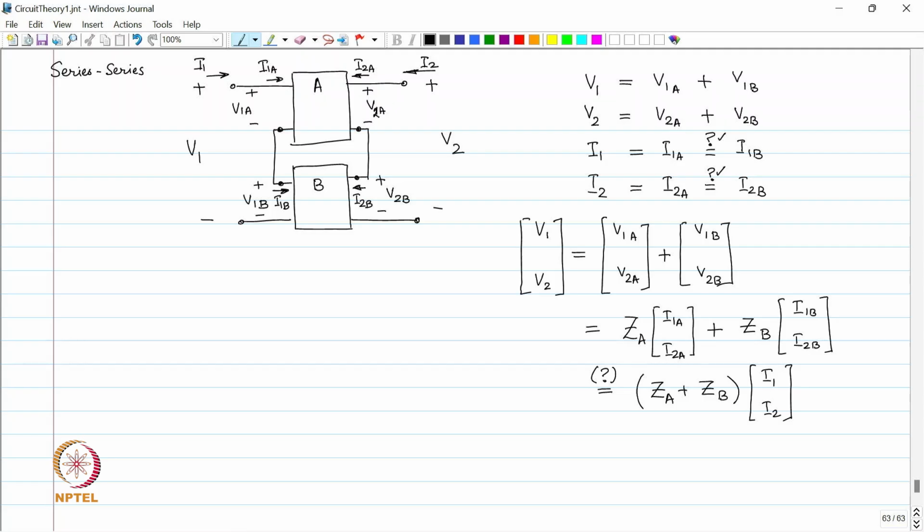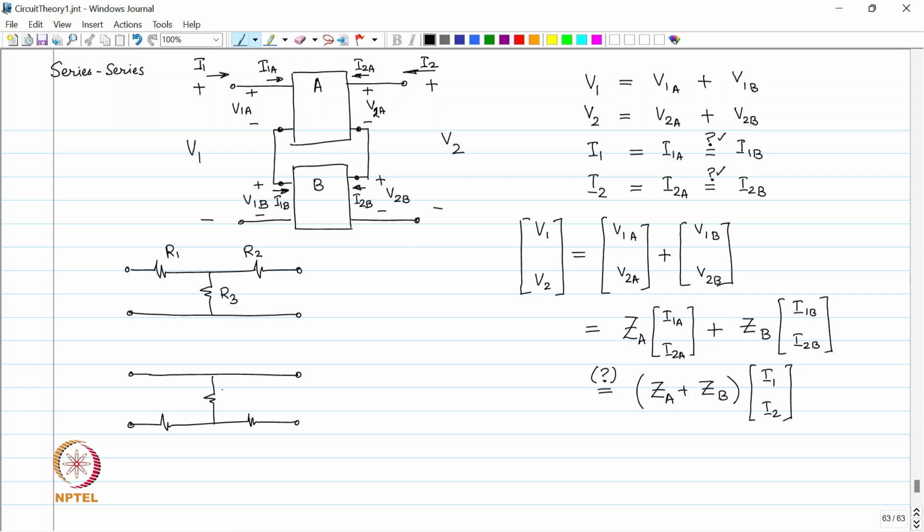Let us just look at an example. Suppose these are your two port networks.